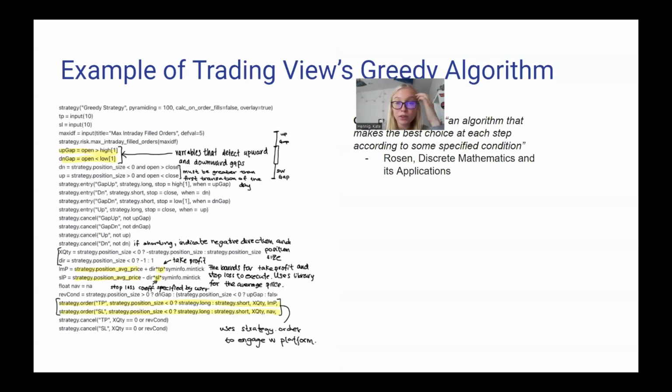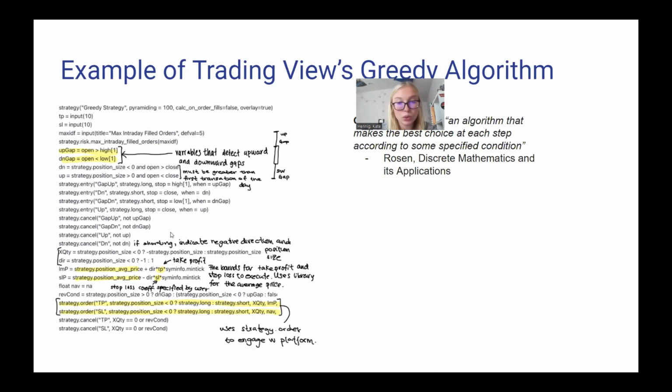Here's an example of TradingView's greedy algorithm, but not one I actually used because I decided to go with the thinkorswim platform, which uses their own proprietary code. I didn't decide to go this route, but I annotated this. It's following a similar strategy to mine, actually. You have variables that detect your downward and upward gaps.